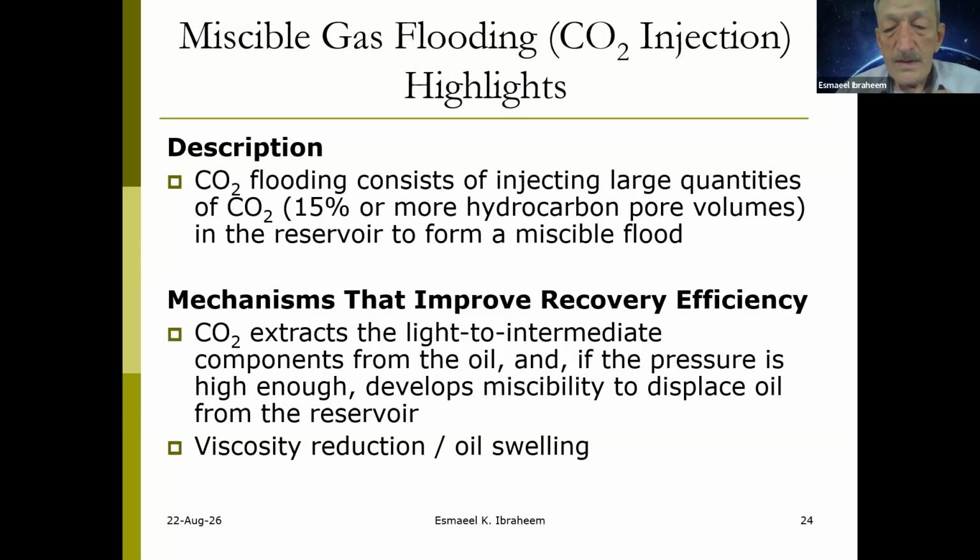Also, the mechanism is the viscosity reduction and oil swelling. This doesn't make a high viscosity oil. No, it reduces the viscosity of the oil.